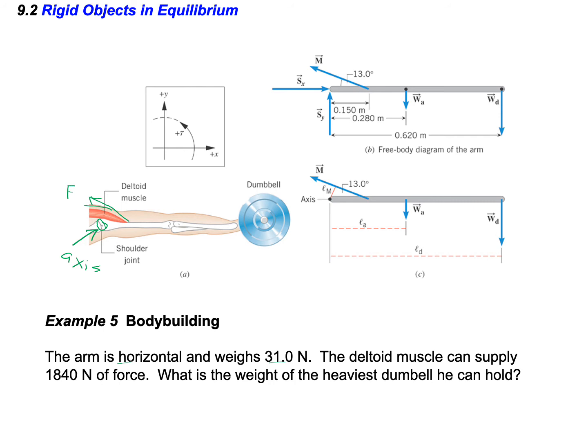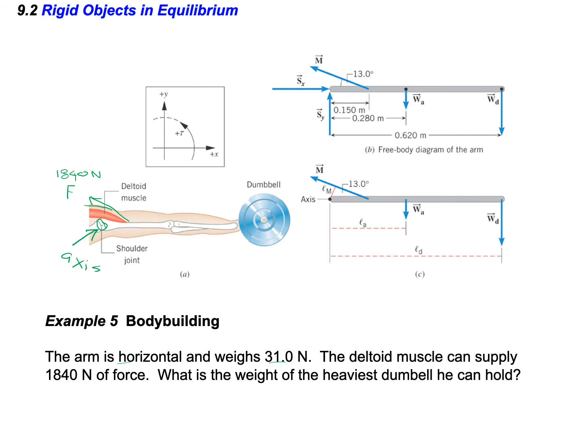This force is given as 1840 newtons. So the 1840 newton force is providing the support to keep the arm along a horizontal line.